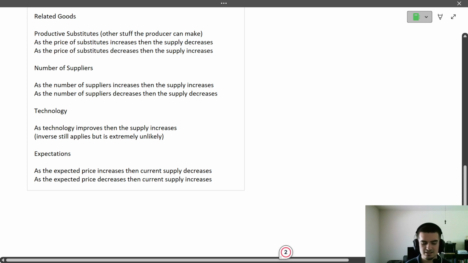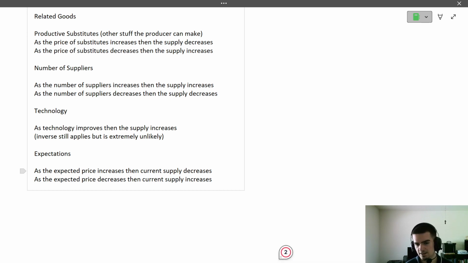All right, next is expectations. So as the expected price increases, then the current supply decreases. If a firm expects that they can sell something at a higher price later, then they will sell less now to conserve supply to sell it later.